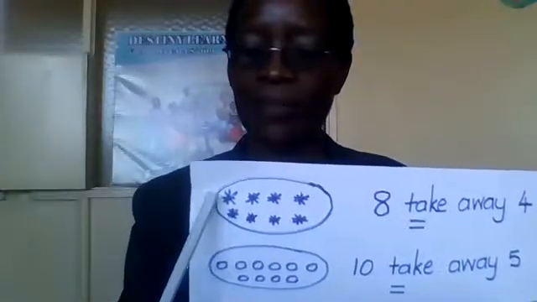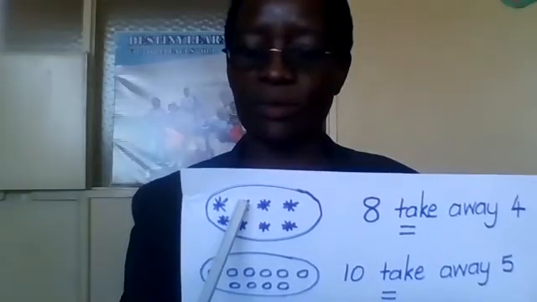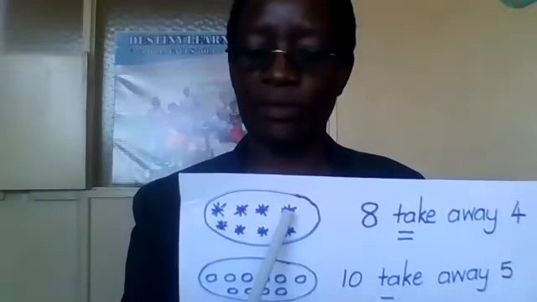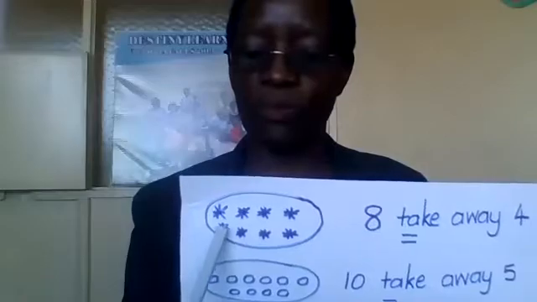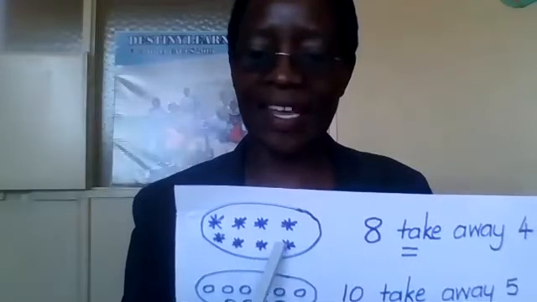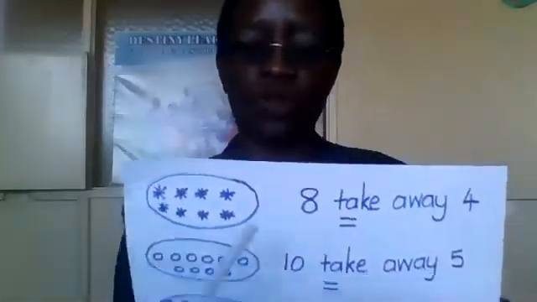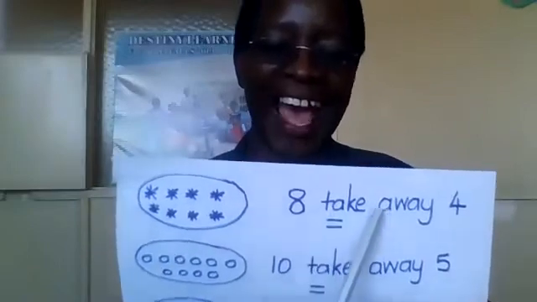Let's count them. 1, 2, 3, 4, 5, 6, 7, 8. There are 8 stars. So today our subtraction sums, we want to use the word take away.